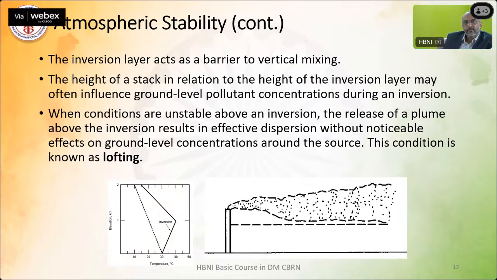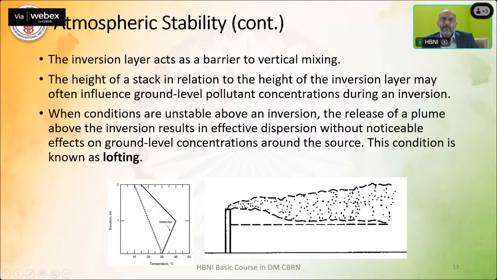In atmospheric stability, we have one more part, which is the inversion. The inversion layer acts as a barrier to vertical mixing. You see in the lower part of the figure that the change in temperature is different after a certain height.